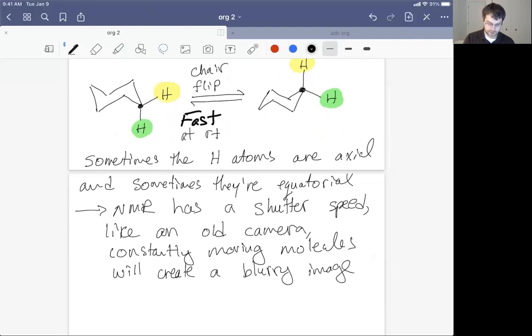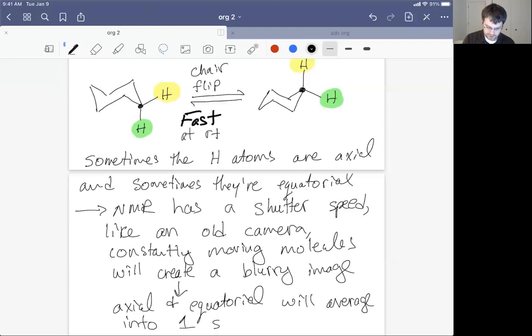What you get is that the axial and equatorial will average into one singlet. Because chair flipping is happening so fast, the camera just takes a picture and the hydrogens are somewhere in between axial and equatorial. It makes kind of a Gaussian distribution based on where things are in the midst of their chair flipping.